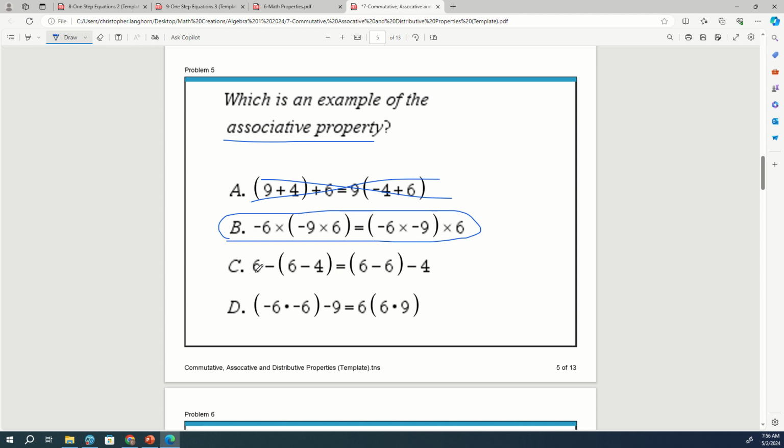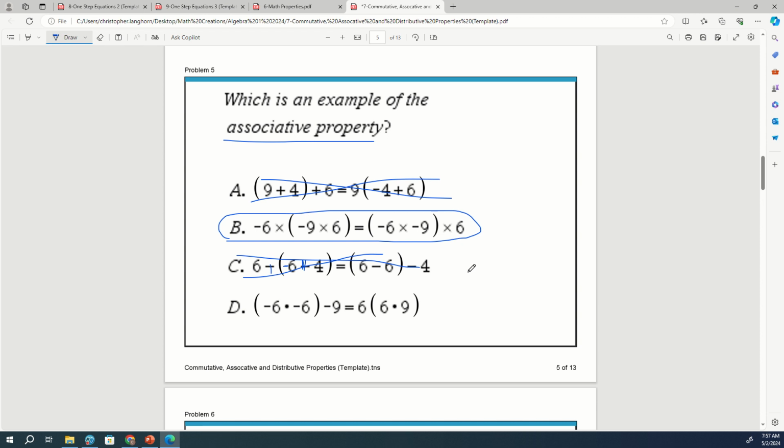When you shift it, because of the minus here, the minus gets distributed. This becomes -6, this becomes +4, and that becomes plus. That's why this one doesn't work. It's a weird case. And this one doesn't work because these are negative, and here they're positive. So it's definitely this one.